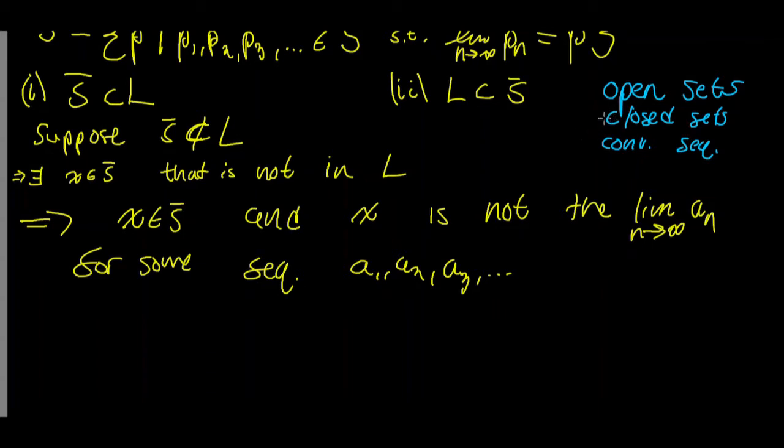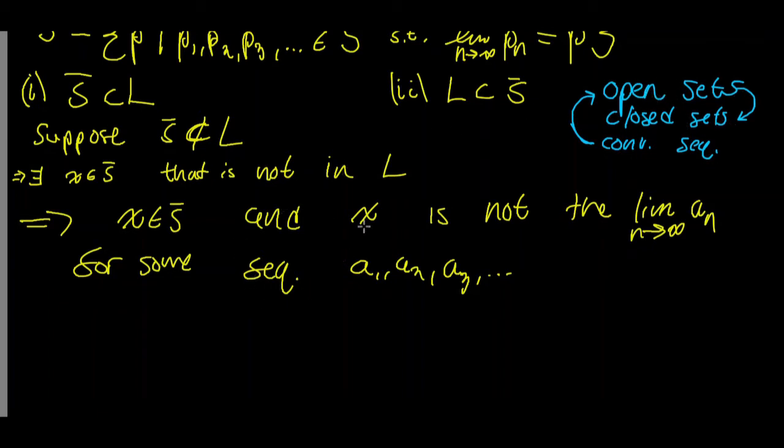But before we convert it into the language of closed sets, let's convert it into the language of open sets. And then we'll go from there to the easy conversion from open sets to closed sets, because the complement of an open set is a closed set.